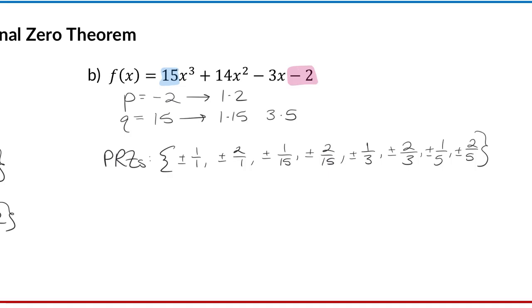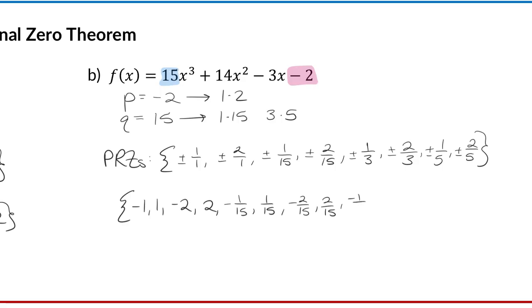If we were writing this all the way out, using your nice, neat handwriting, this would be -1, positive 1, -2, positive 2, -1/15, positive 1/15, -2/15, positive 2/15. You see what I'm doing here?